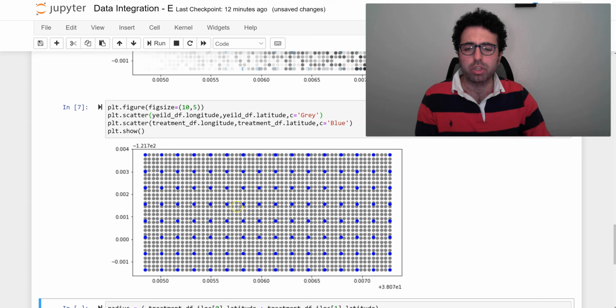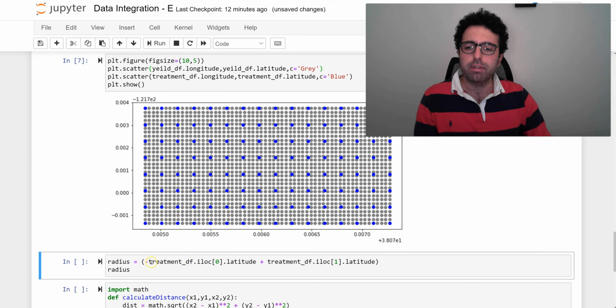So we make that assumption, and I go ahead and calculate the radius of, for example, one of these points. I'm calculating the radius of this one. I'm assuming the radius of this water station is half the distance between these two water stations, water station 1 and 0.